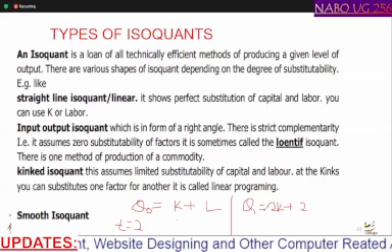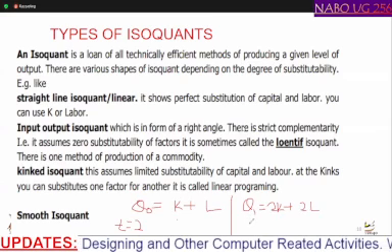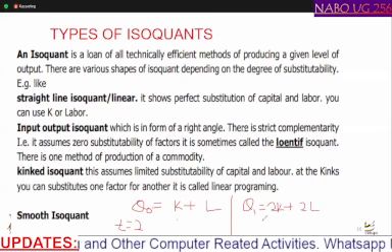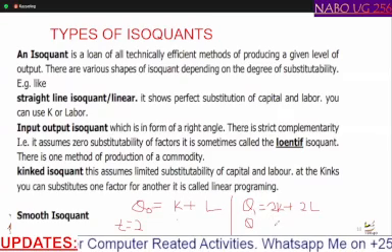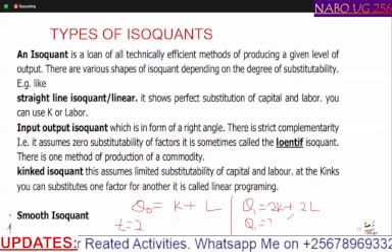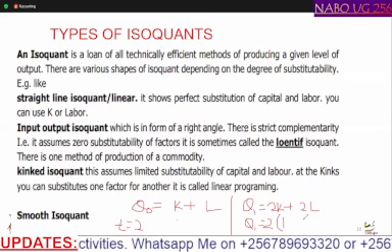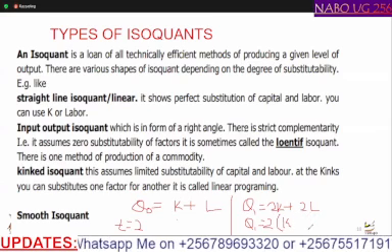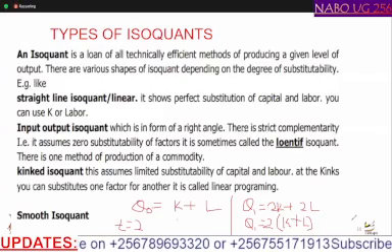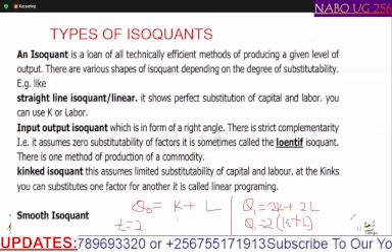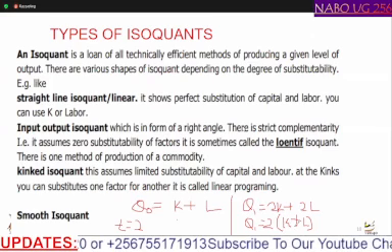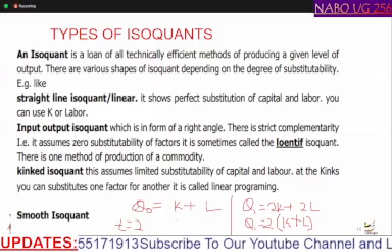Now, Q1 can be simplified as 2 into K plus L. Do you agree? But K plus L is my Q naught.